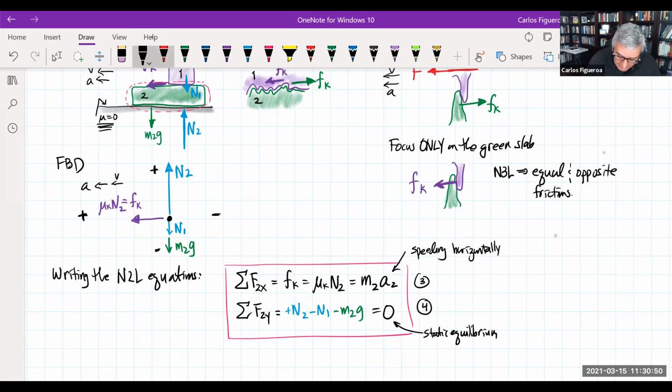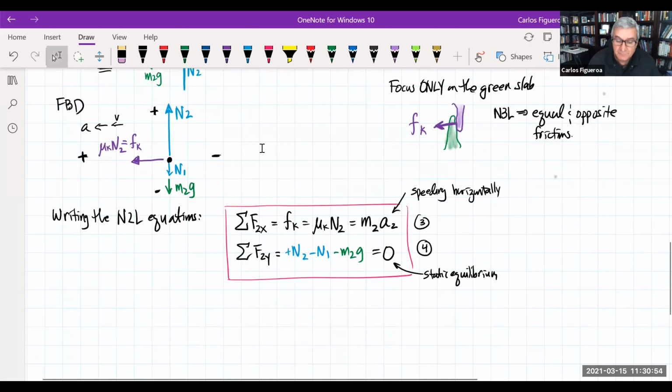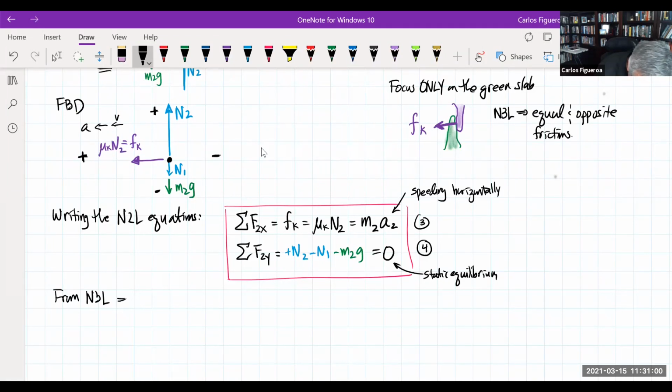And so the thing about it is that there's multiple ways to do this problem. Okay. So from Newton's third law, the frictional force is equal and opposite for both blocks.